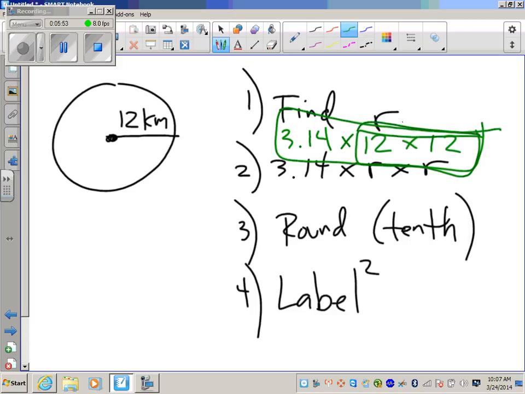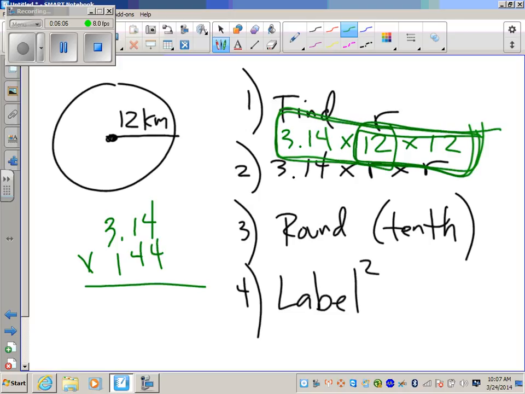So that part's done. But now you've got to take that 3.14 and multiply by 144. You can take it in order. You can definitely go 3.14 times 12, get your answer, and then multiply it again by 12. But I always write it this way, 3.14 times r times r, but I leave it up to you what order you want to take it.